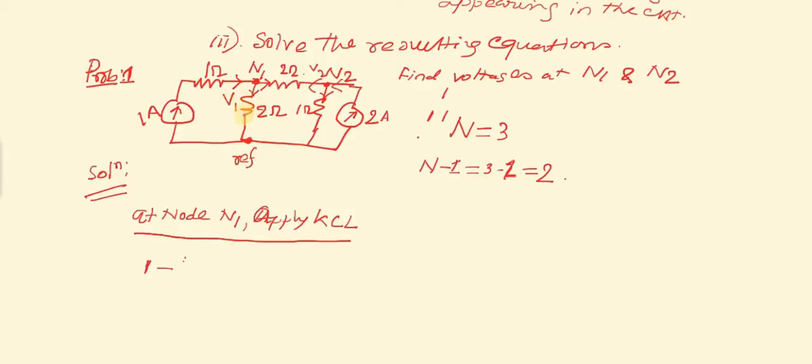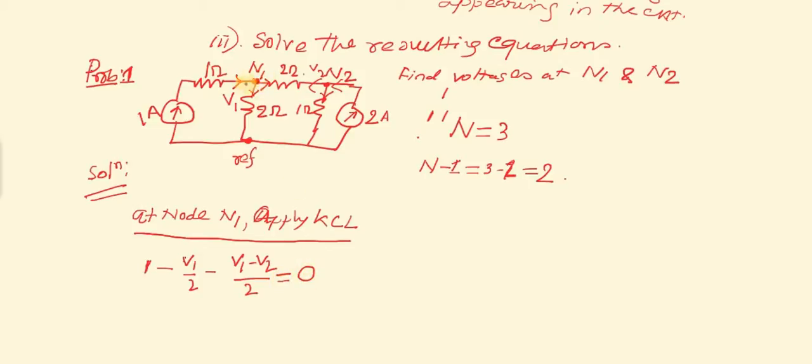V1 by 2 is the current flowing through this branch, and this current is the voltage difference of these branch voltages, which is V1 minus V2 by the resistance 2, is equal to 0.